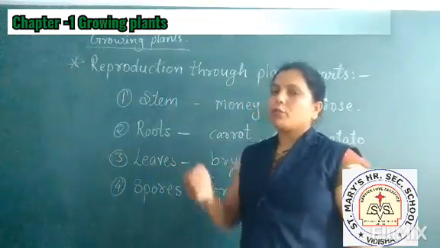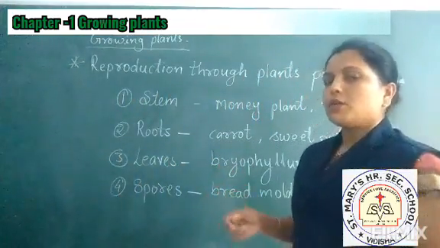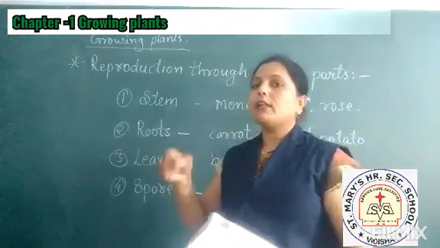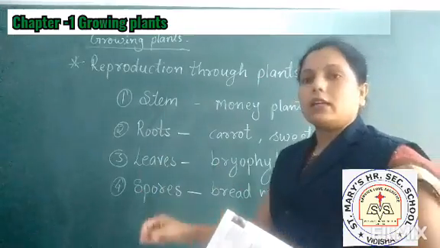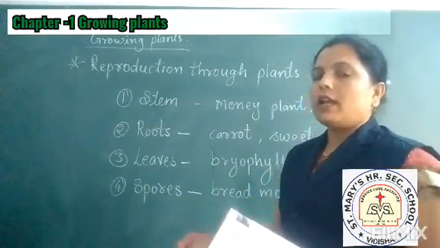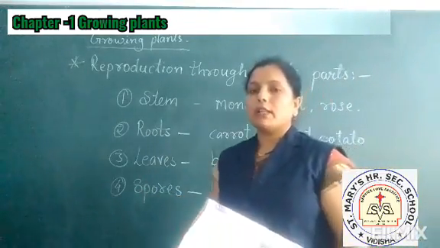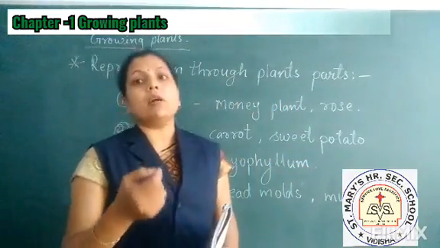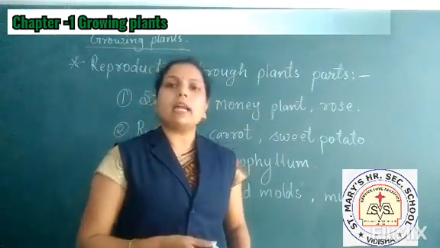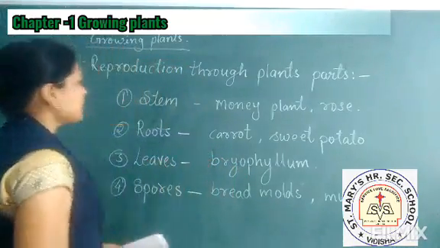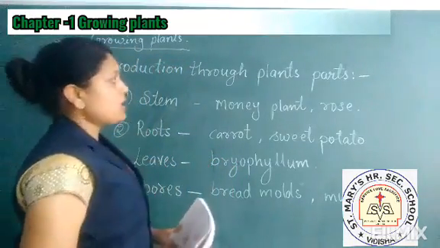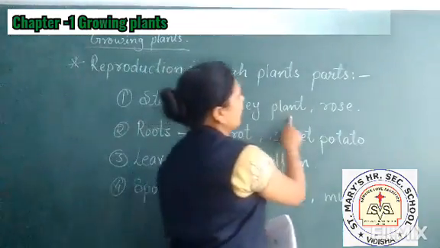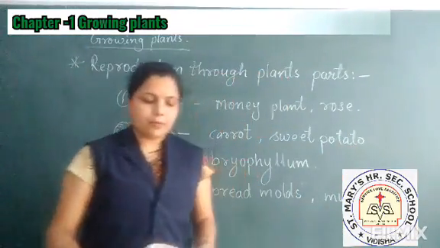If you want to plant a rose, you can cut the stem of the plant and insert it into the soil, and after some time you will see that some new buds, some new leaves and some roots are growing on that stem. So like this, the plant reproduces by the stem. Examples are money plant and rose.